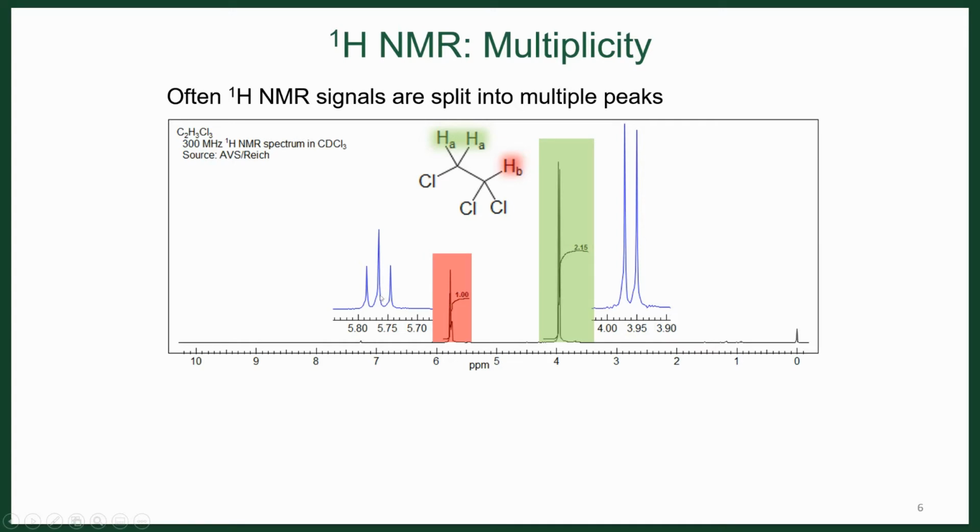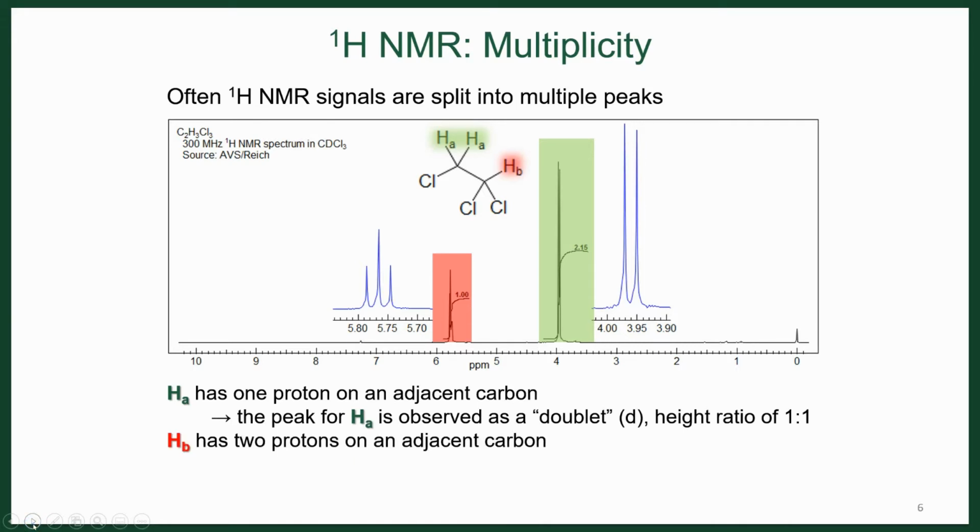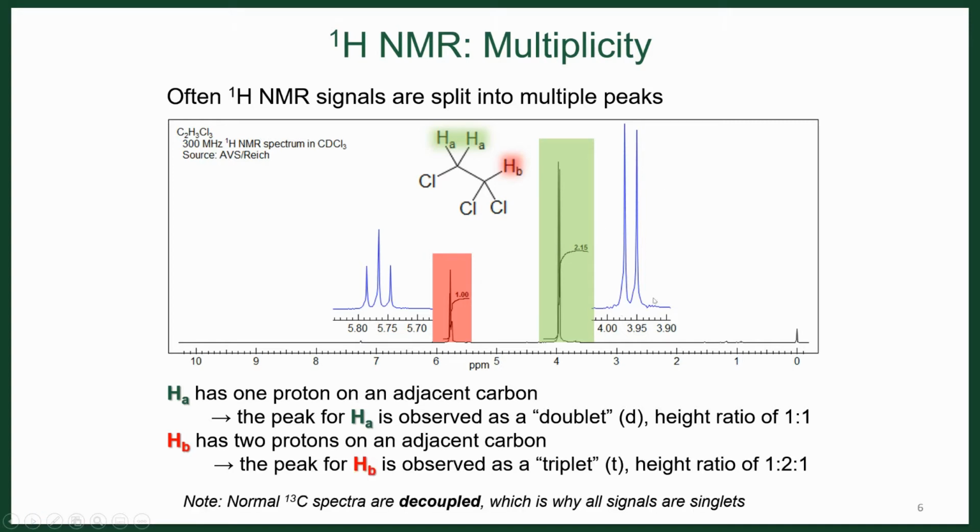And it is a triplet because it has 2 hydrogens on the adjacent carbon atom, which splits it into n+1 number of peaks. And so we begin seeing a signal associated with each of these. And so for HA, we have 1 adjacent proton on that carbon atom, and it splits it into a nice clean doublet.